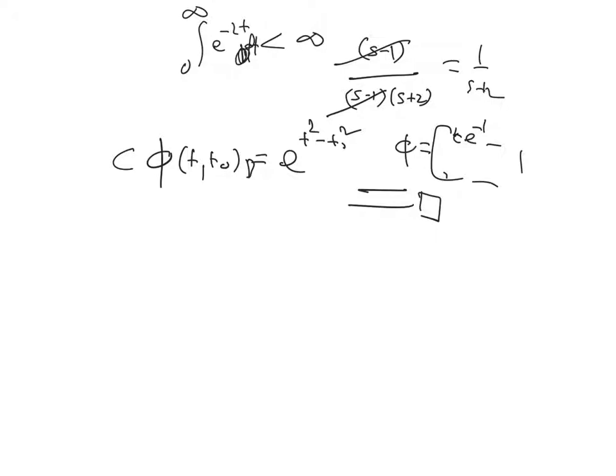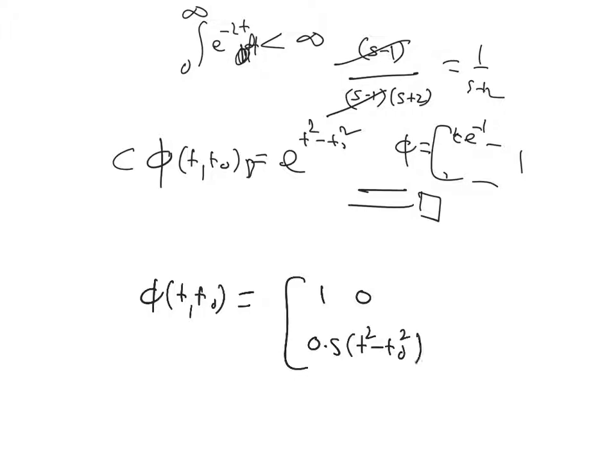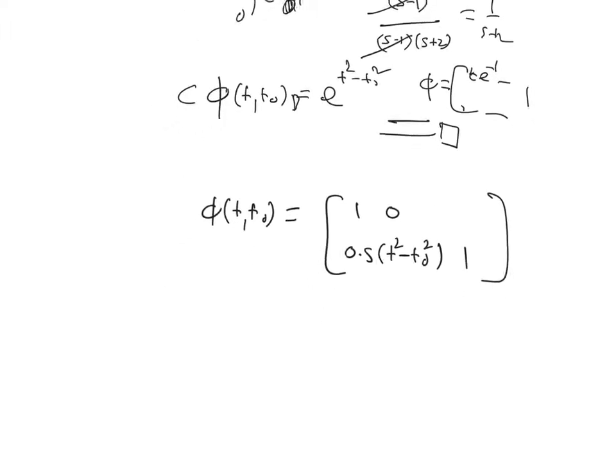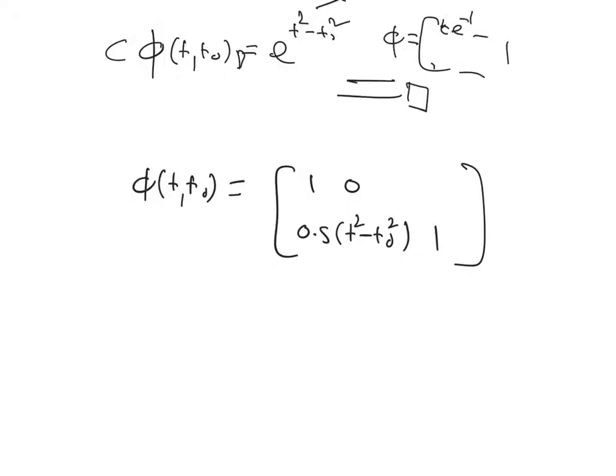So in one of the examples, phi t comma t0 came out to be 1, 0.5 times t squared minus t0 squared, 1, right? So these terms came out to be there.